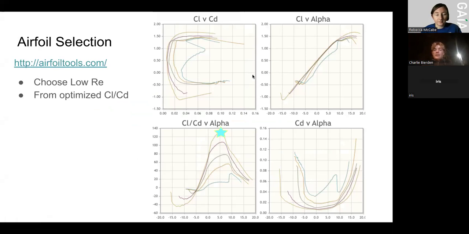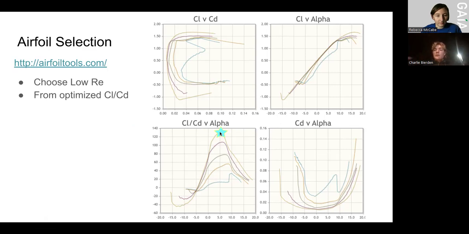These graphs are generated from airfoiltools.com, which is the go-to source for understanding the differences in lift and drag for a certain angle of attack. One of the most important graphs to look at is this one on the bottom left, the coefficient of lift versus coefficient of drag versus the angle of attack. As you can see, there's a certain angle, about 5 degrees, that generates the maximum ratio of lift to drag.